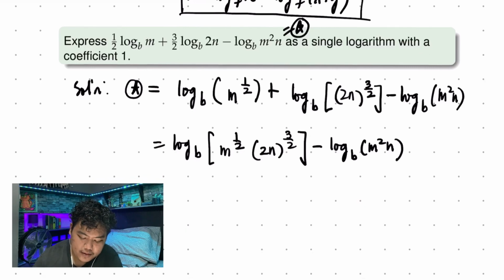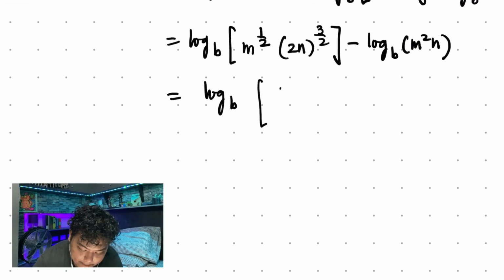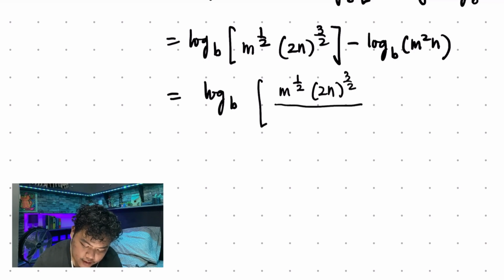Yan na, malapit na to. May minus ka. So, log base b nito divided by nito. n raised to 3/2 over m square n.